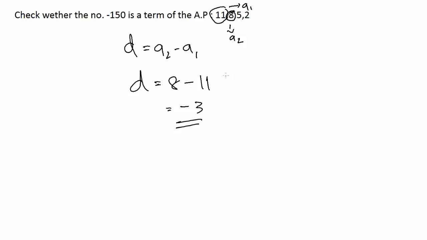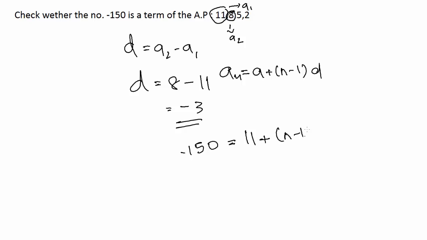Okay, now we are going to substitute in the nth term formula. An is equal to a plus n minus 1 into d. Now an is minus 150. Let's put minus 150 is equal to a plus n minus 1 into d. What's a? A is 11, a1 and a are equal. So 11 plus n minus 1 into minus 3.